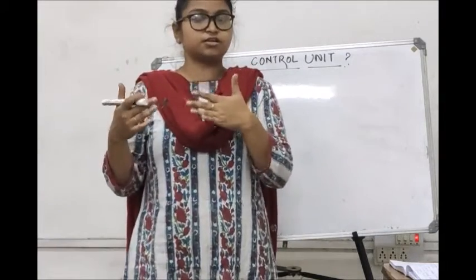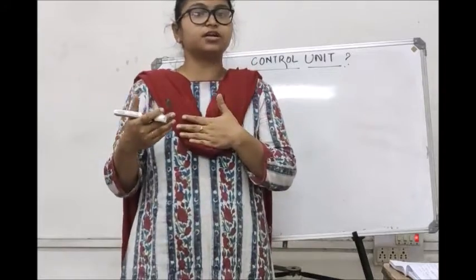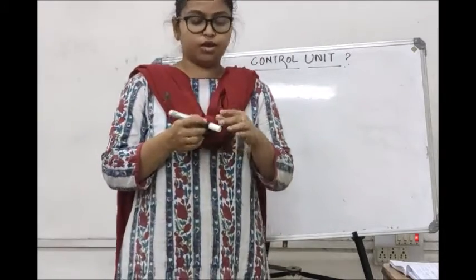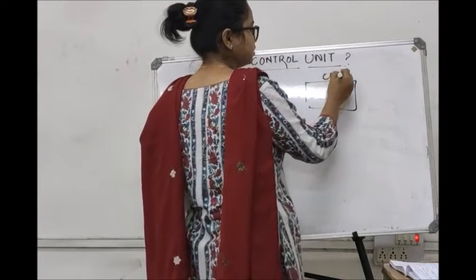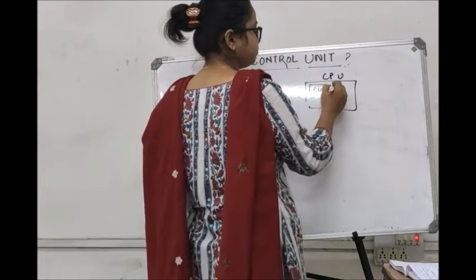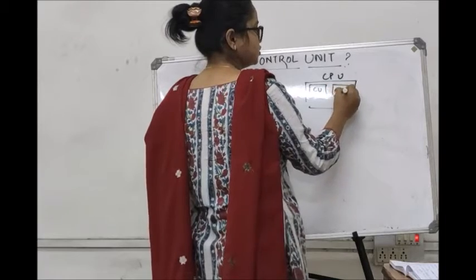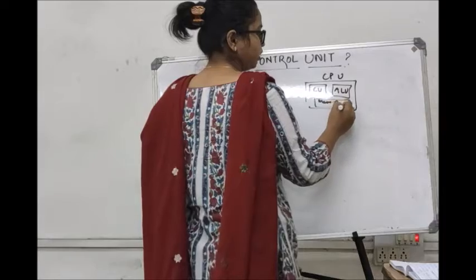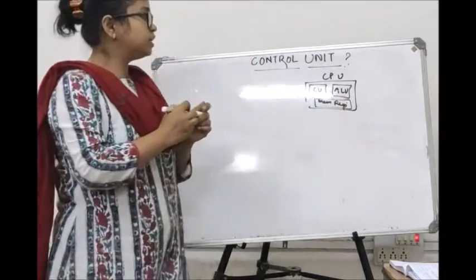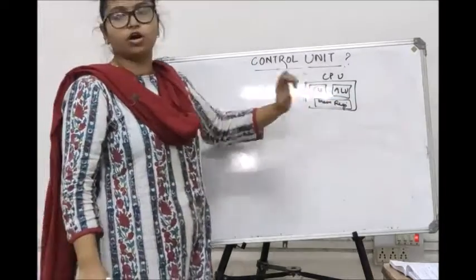That was the first chapter in which we studied the components of a computer. So the CPU consists of the control unit, the arithmetic logical unit (ALU), and memory registers. This is broadly what we call a CPU.